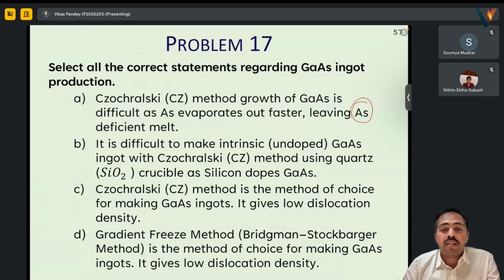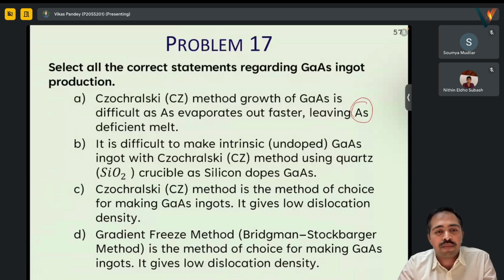CZ method is the method of choice for making gallium arsenide ingots, as it gives low dislocation density. Or the Bridgman-Stockbarger method is the method of choice for making gallium arsenide, as it gives low dislocation density. Which of these are correct? This we have discussed here also, so please answer. Yes, anyone?